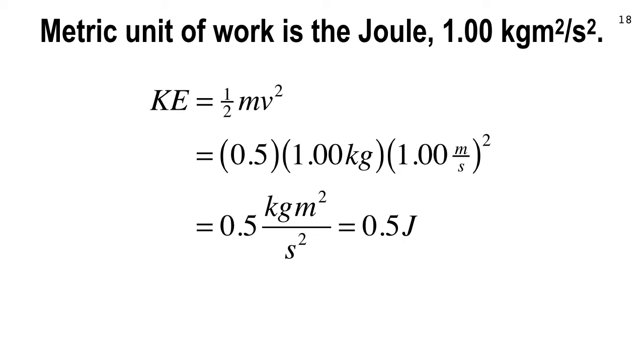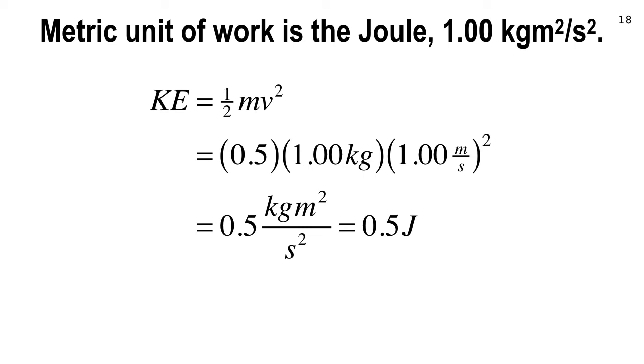And so your unit is kilogram meter squared per second squared, in fundamental units. Okay, so the metric system, the things that we can measure are kilograms, meters, and seconds. And this particular combination is known as a joule.